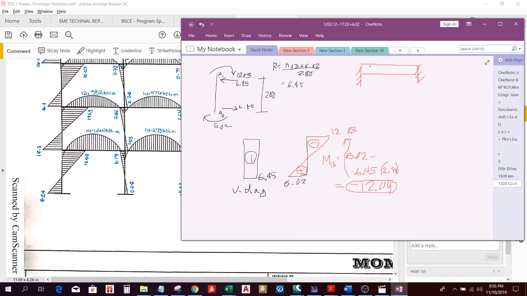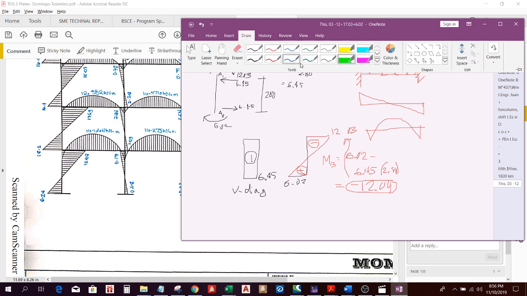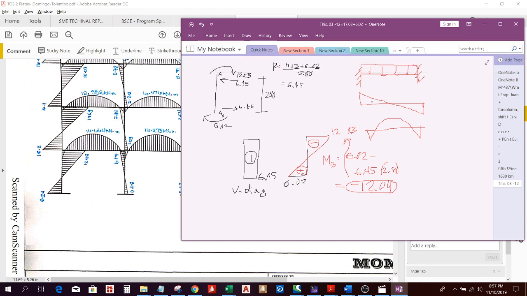For example, I have this uniformly distributed load. How do we draw the shear and moment diagram there? This is your shear, and this is your moment diagram. That means this is positive.